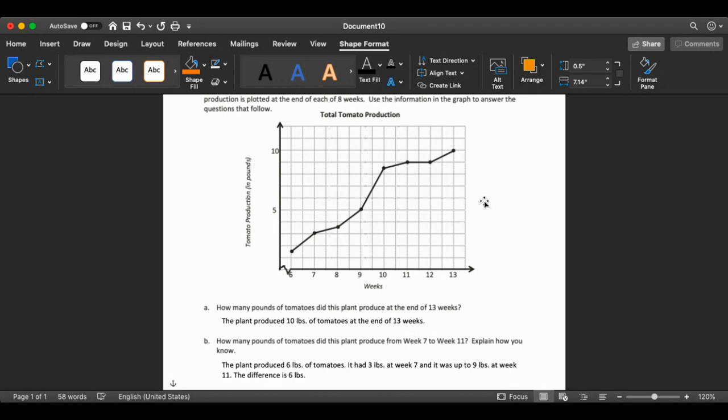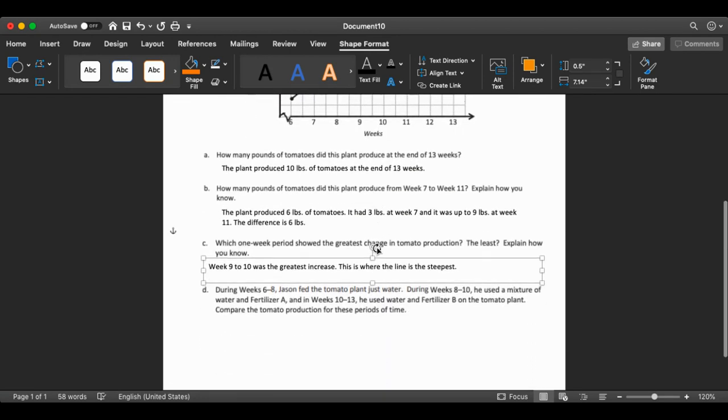So this is a part of the line graph where it's actually flat, and that means that no tomatoes were produced. So on a line graph, if between 2 points is flat, it means that there's no change. So I want you to look at the graph. Between what 2 weeks was there the least change in tomato production? All right, it's between week 11 and 12. It goes from 9 and it stays at 9. So that means no tomatoes were produced between these 2 weeks.